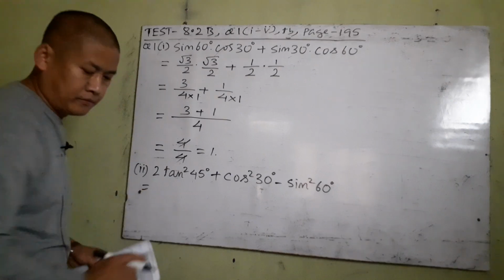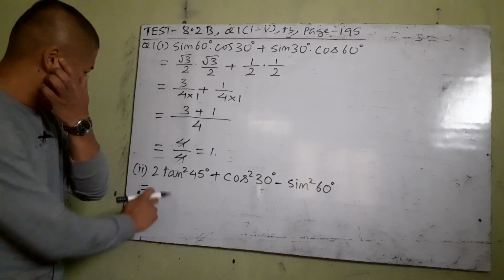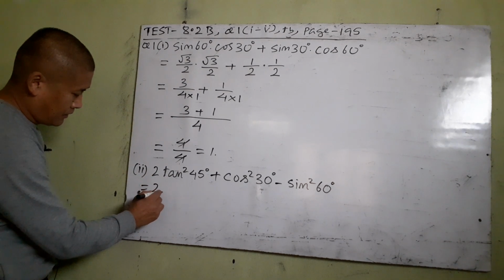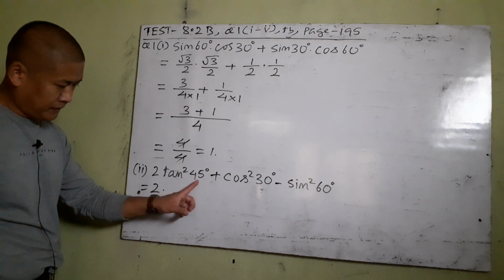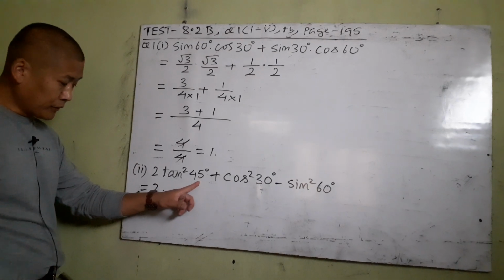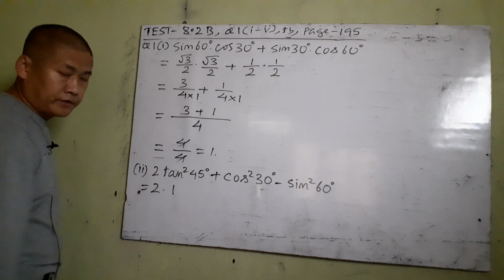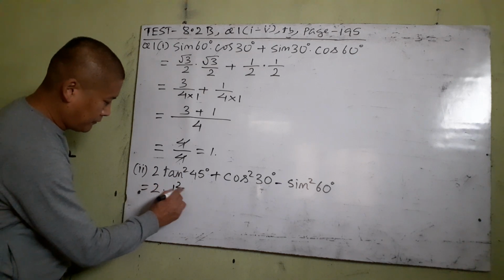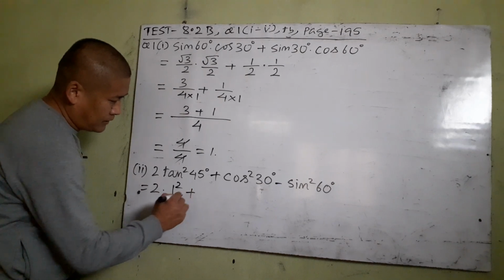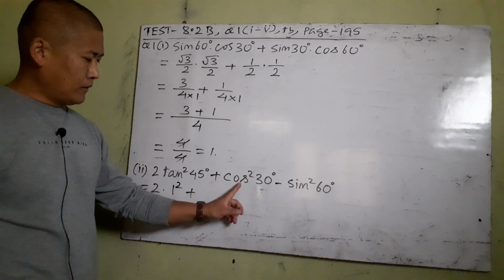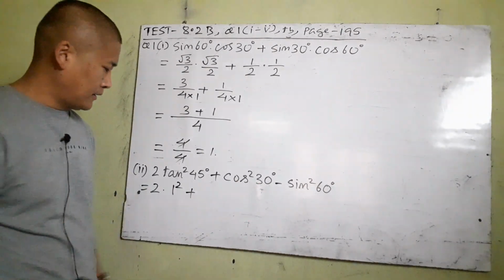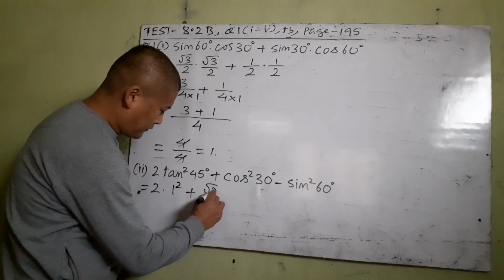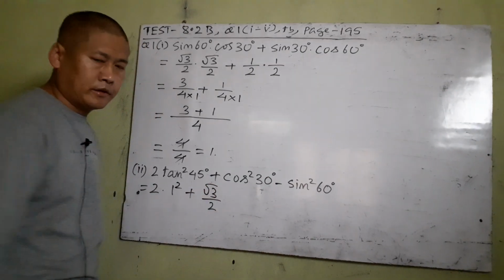So that will be equal to, here we write it 2 into tan 45 degree, we know is 1, right? But since this is tan square, we put a square here over the 1 value, plus cos 30 degree is root 3 by 2, we know that.